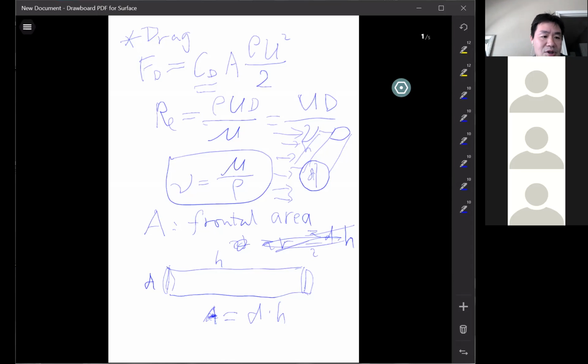Did you see the two plots I sent to you? One is for the sphere, 6.10 is for the sphere, and 6.9 is for the cylinder. So they look the same, but the values are different. Let me ask you this: what is the frontal area of a sphere?